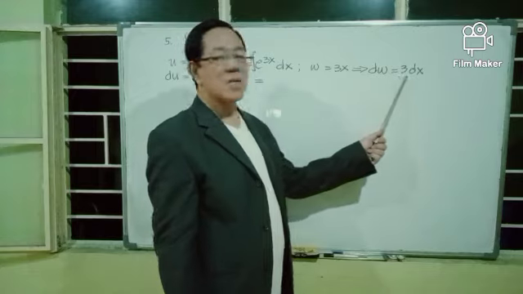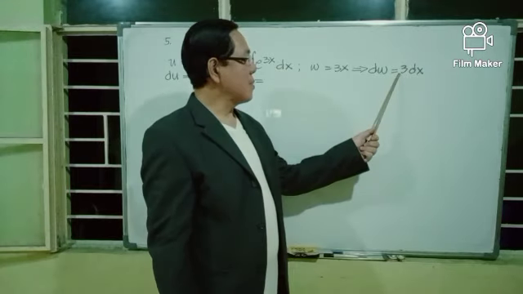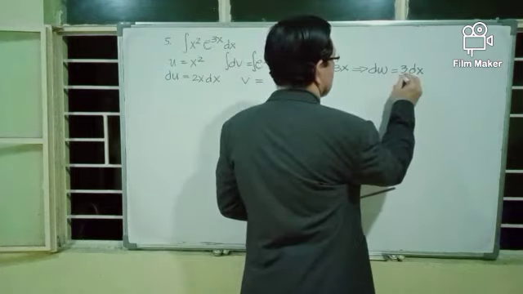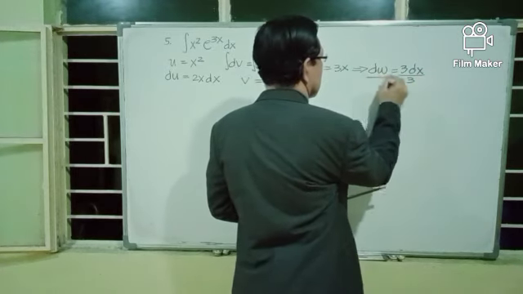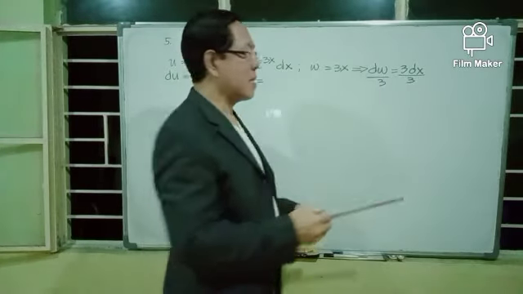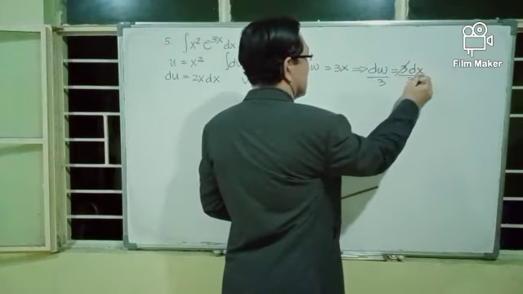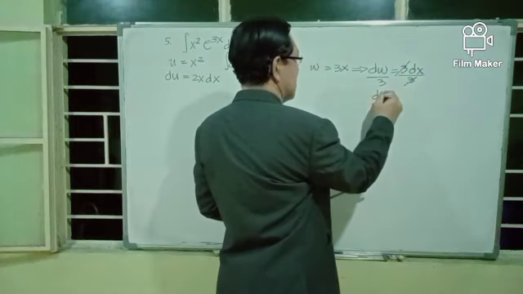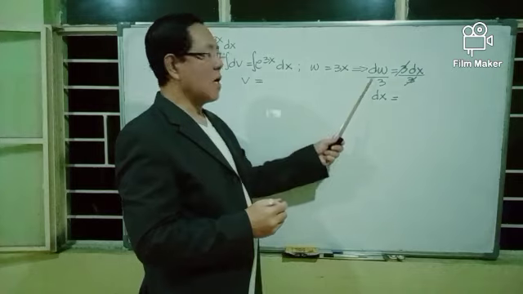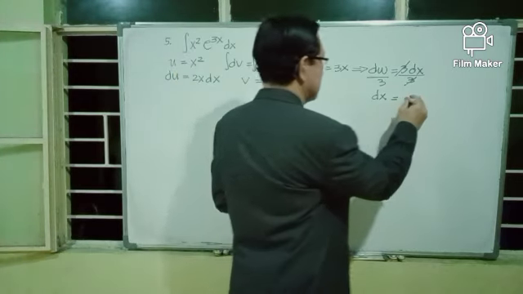From this equation, we solve for dx. We divide both sides by 3, and 3 will cancel out from the right-hand side. We have dx equals dw over 3.